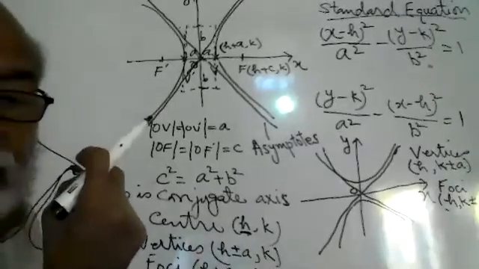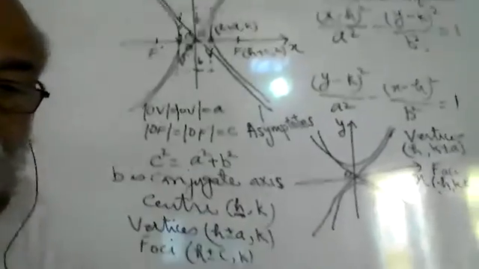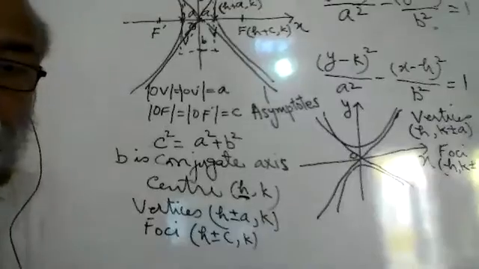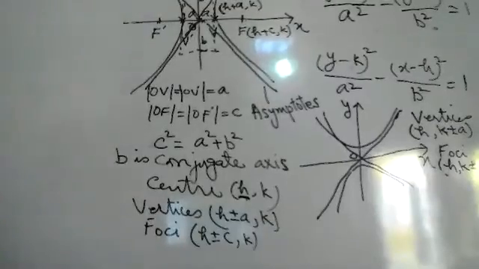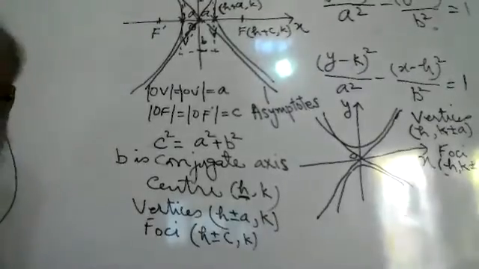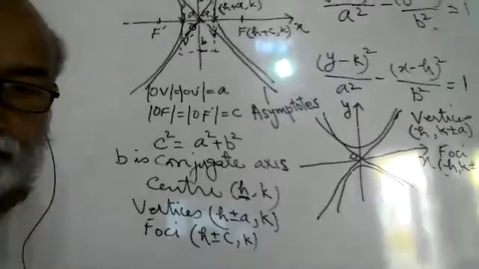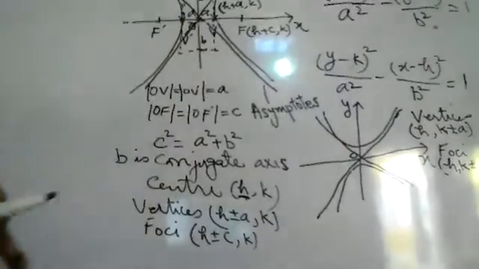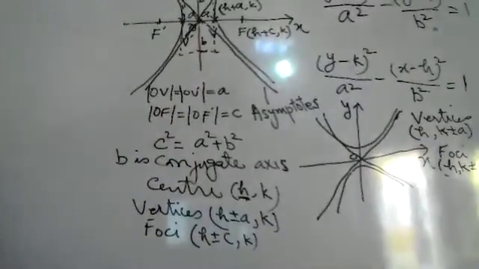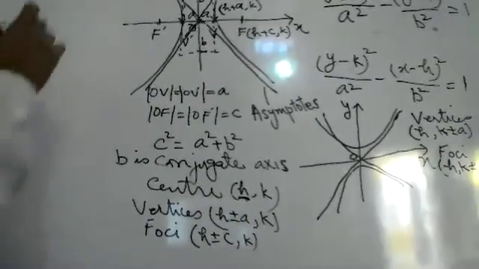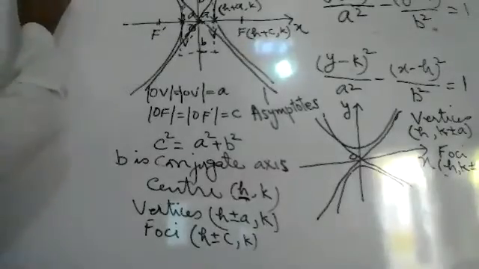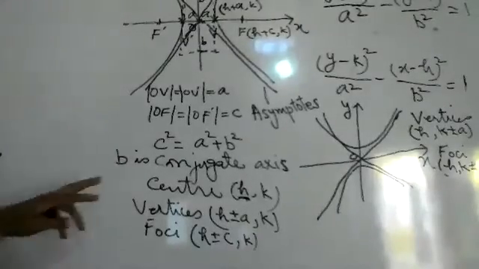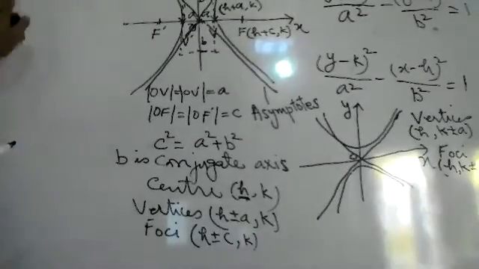Now the third thing is asymptotes. How to find the equation of the asymptotes. We have to find vertices, foci, and the equation of the asymptotes.